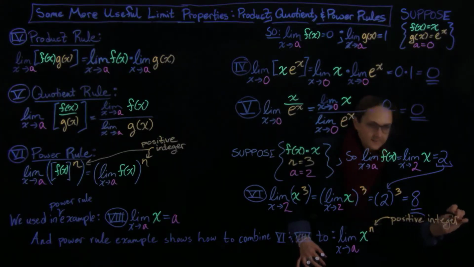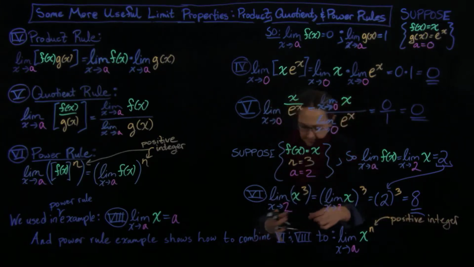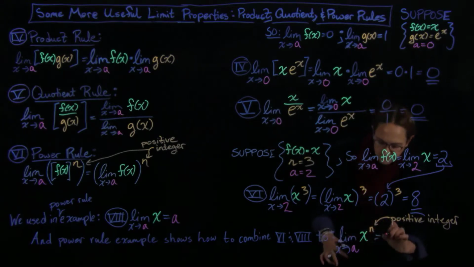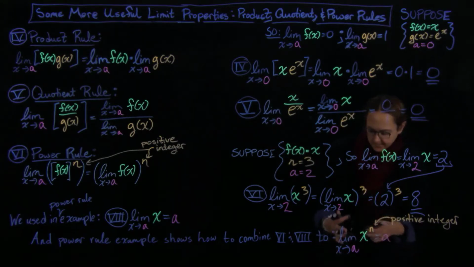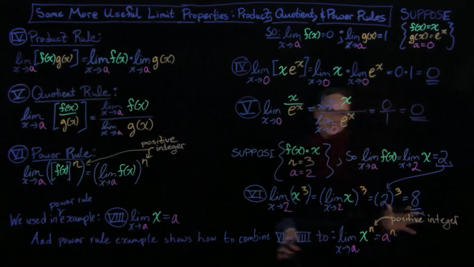As long as that's a positive integer, this is just going to equal a to the n. So this is going to equal this a that's coming from there to the nth power, where you're just plugging a in for x.